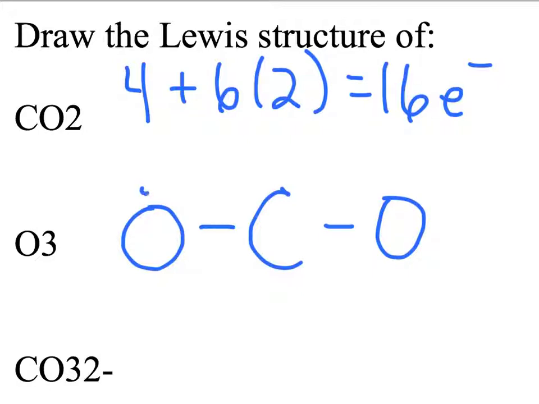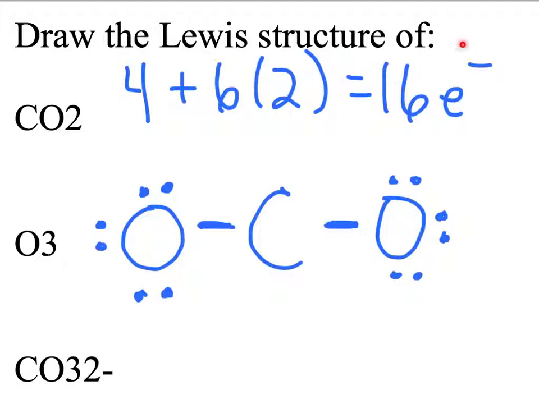So to satisfy that octet, I'm going to give each of those 6 more electrons, and 6 because the bond already accounts for 2. So this oxygen has 2 here, 3, 4, 5, 6, 7, 8. All right, so now I satisfied the octet of both oxygens, and I used a total of 2, 4, 6, 8, 10, 12, 14, 16 electrons.